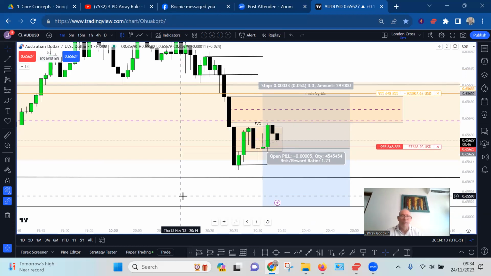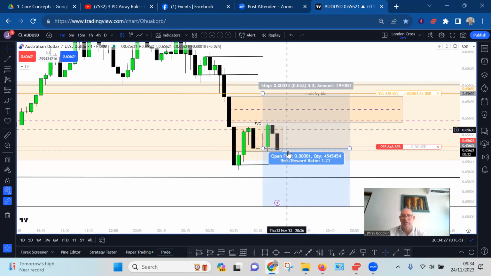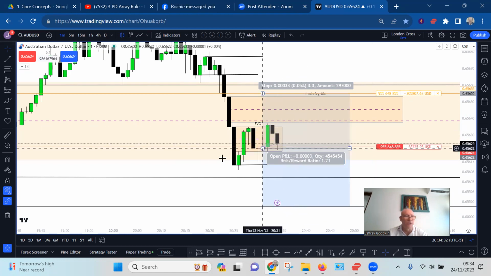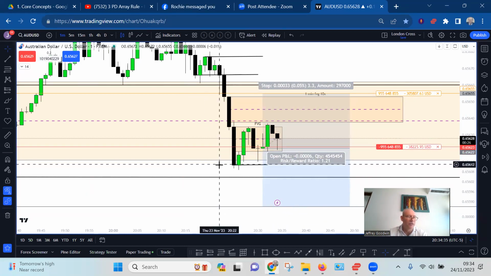That's usually around about London and New York. So I believe I entered a bit higher because of the spread and things. And that's where we are.